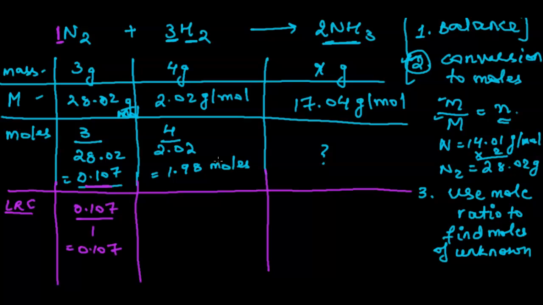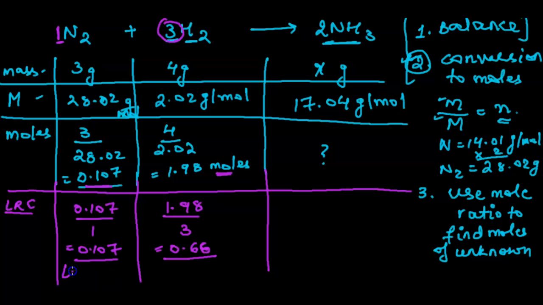Similarly, we'll do the limiting reagent calculation for hydrogen, and we would do 1.98 divided by this number, and the number that we get is 0.66. Now all we have to do is just compare limiting reagent calculated moles, and we got 0.107 for nitrogen and 0.66 for hydrogen. The smaller number is going to be the limiting reagent.